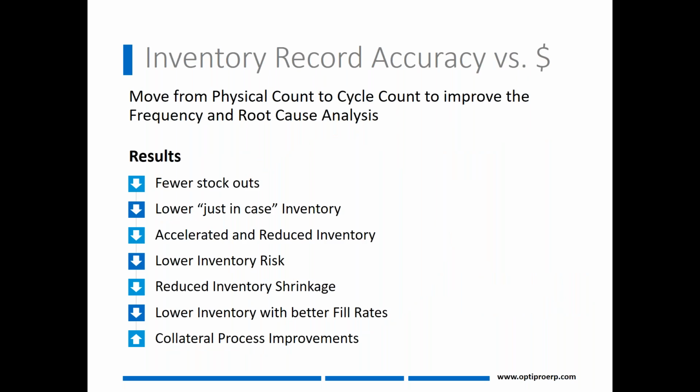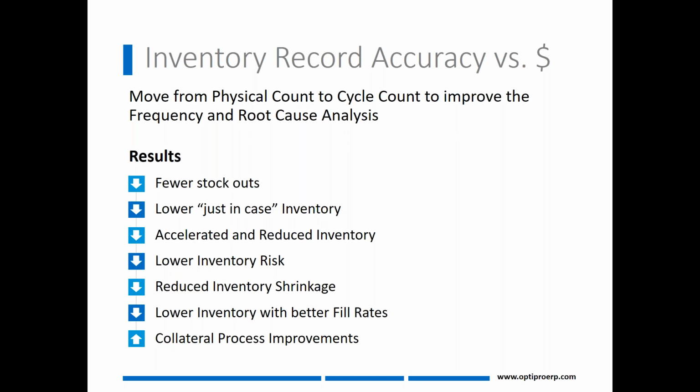So, inventory record accuracy, what do we get out of that? Well, let's talk about cycle counts versus physical counts. Physical count is an accounting function and really does nothing for inventory record accuracy. We really should do cycle counting, increase the frequency, and get to the root cause analysis. What happens when we do that?